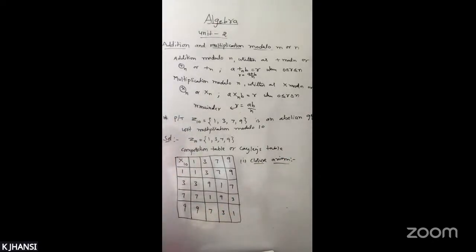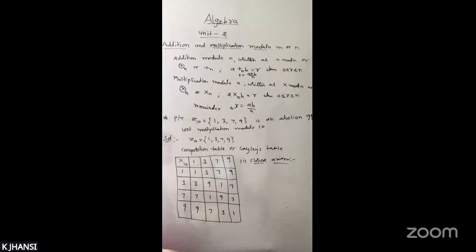That is, all the entries in the table are elements of Zn. Whatever numbers we are getting in the composition table, all these elements are present in our given set. If you were getting any number other than these 4 numbers, then we would say it is not satisfying the closure axiom. But here, whatever numbers you are getting in the table are elements of the given set.